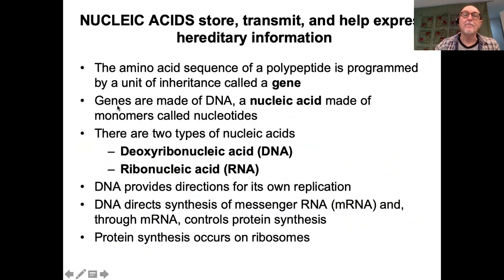So you can think of it that DNA is organized into units called genes, and that is a unit of inheritance. And the DNA gene contains a recipe for a protein. It contains the recipe for that protein sequence.